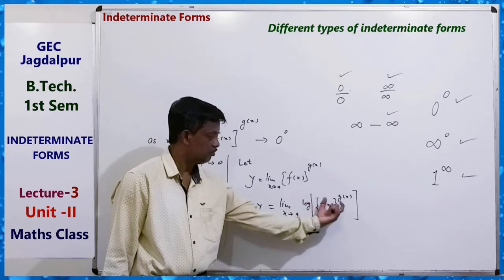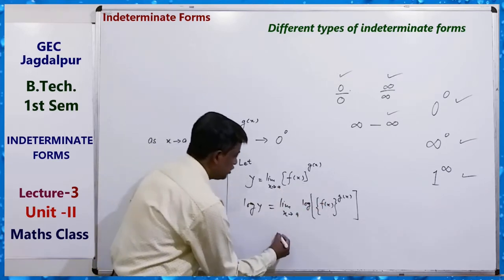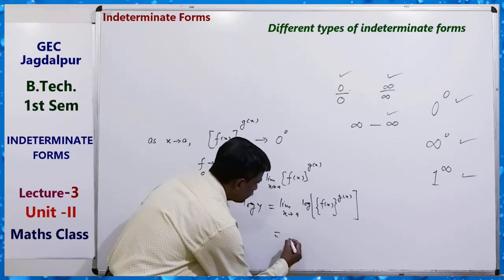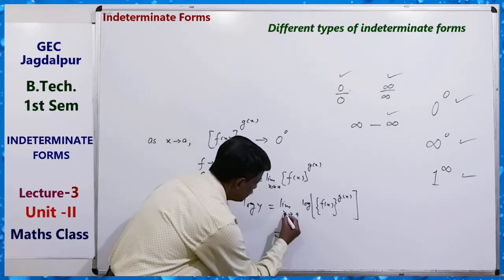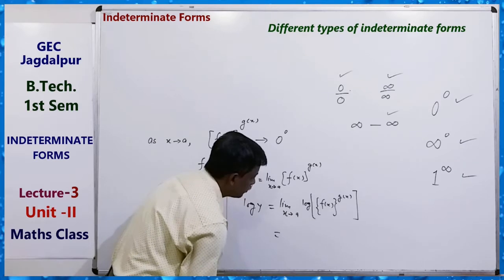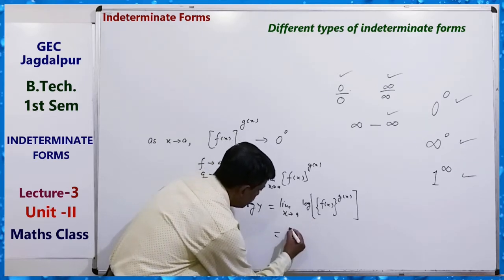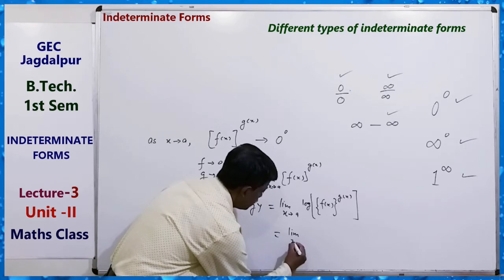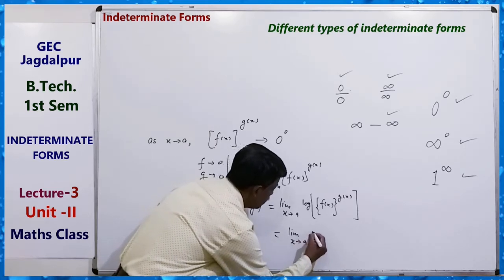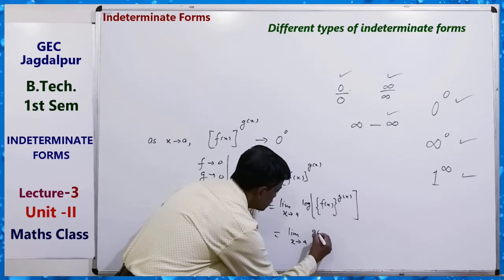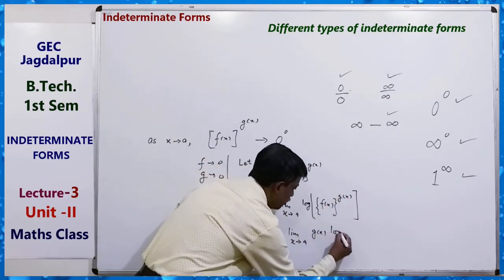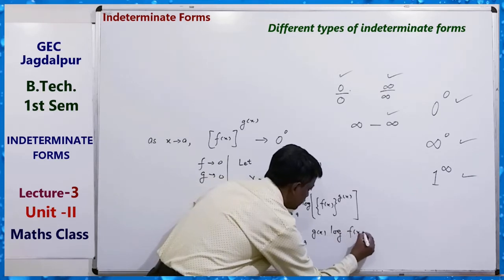You can convert it as limit x tending to a of gx log of fx, because the power comes to the front of the log.